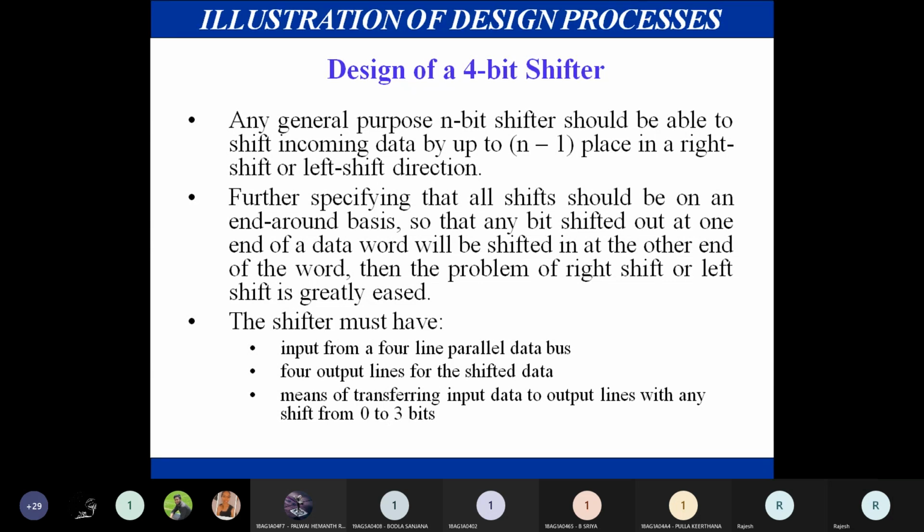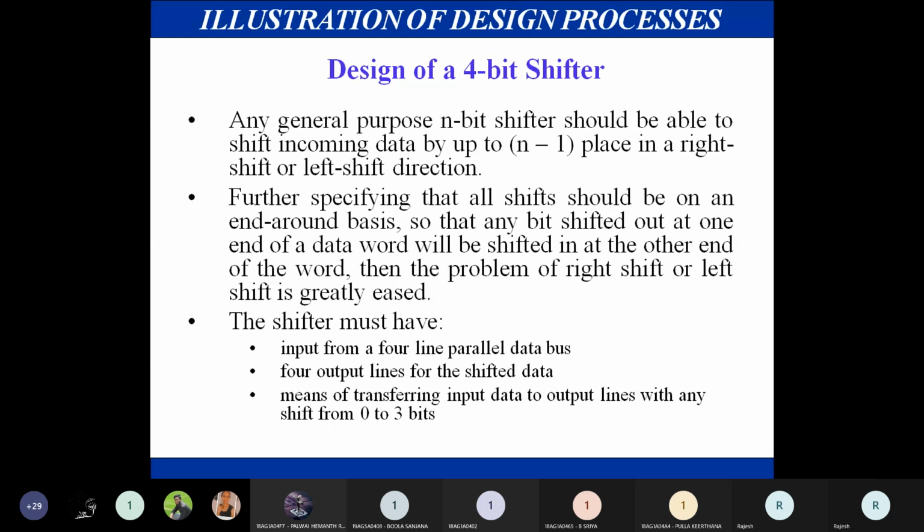If you do left shifting, A3 will do an end around and will be placed in the rightmost place. So any bit shifted out at one end of the word will be shifted in at the other end. With this end-around design, the problem of doing right shift and left shift is greatly eased.